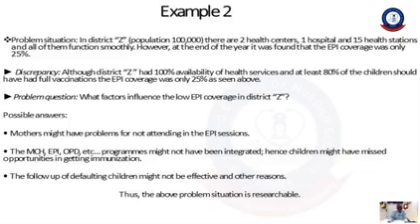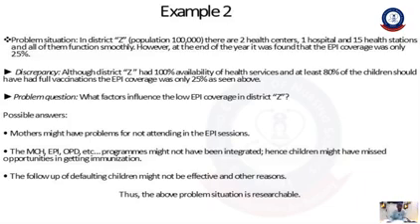So now we go to the discrepancy. In a population of 100,000, there are 2 health centers, 1 hospital and 15 health stations, and all of them function smoothly. However, at the end of the year, it was found out that the expanded polio immunization coverage was only 25%.